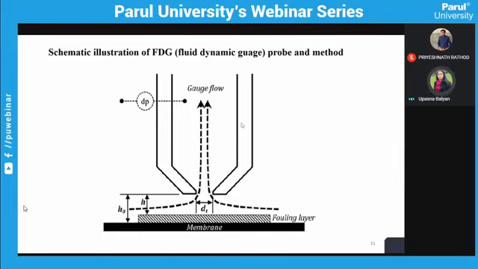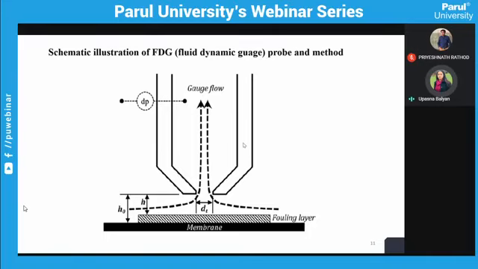You can see from the bottom, there is a membrane, a black colored membrane, over which a fouling layer develops. And then there is a nozzle, which comes in contact with the fouling layer when we are applying the pressure.